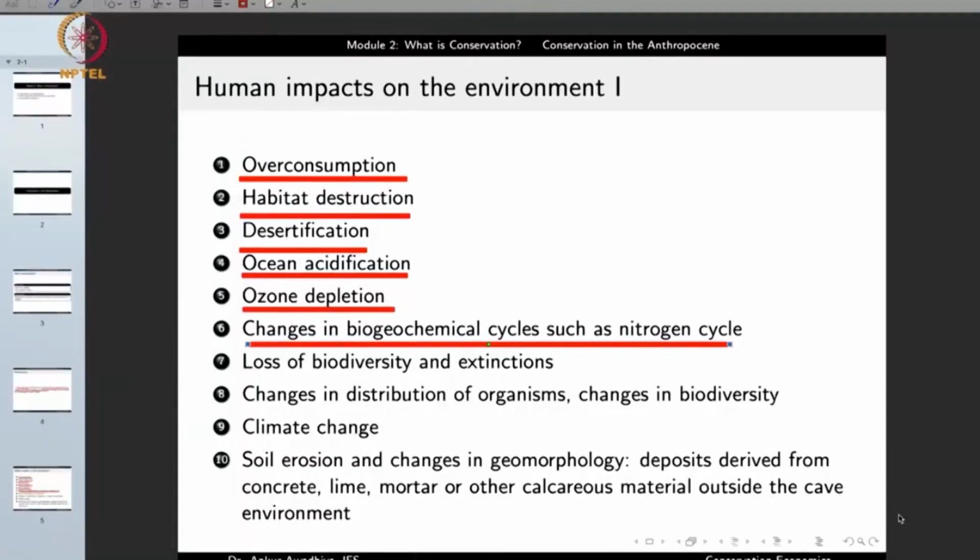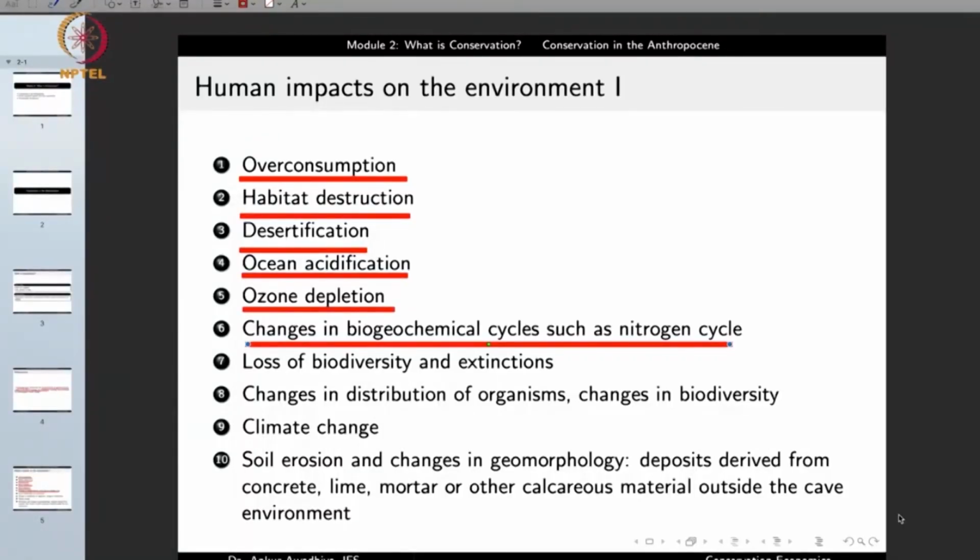And once that happens, the level of oxygen in the water body goes down, because of which a number of organisms are going to die. So this is a major impact. We call it eutrophication of the water body, which is the adding up of nutrients into the water body, and this has a very drastic and dramatic effect on the water body.